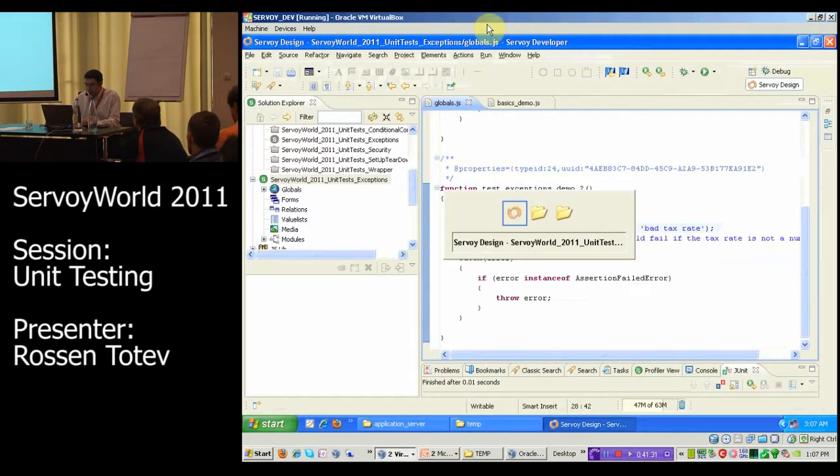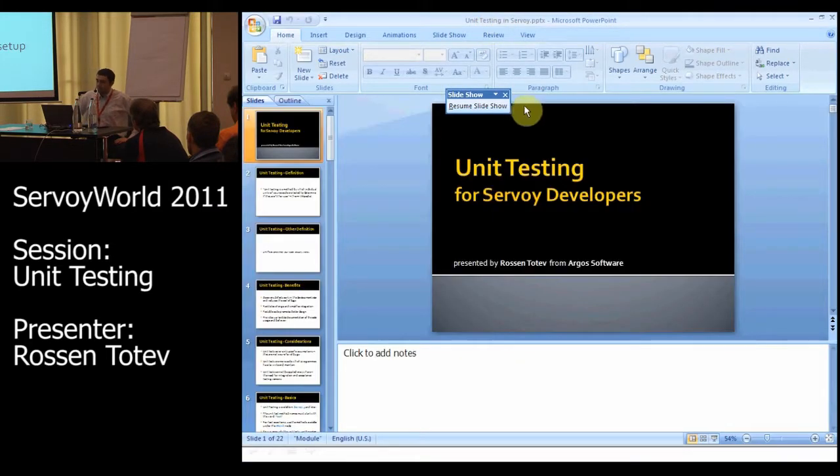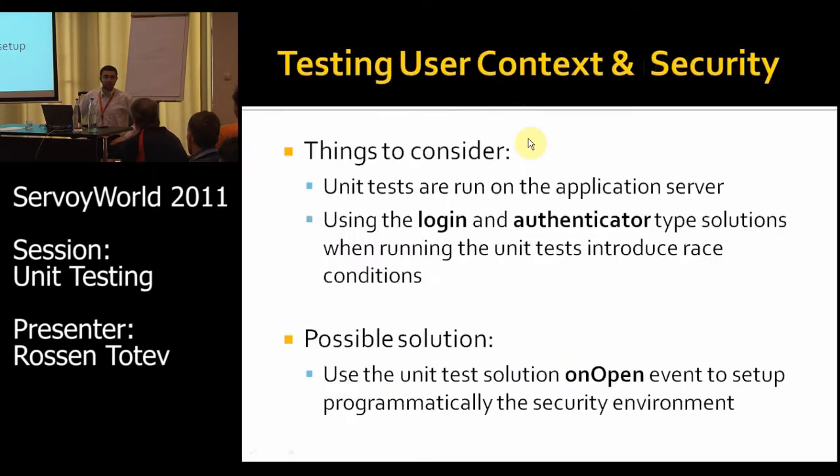Next on the presentation, I'll touch on this briefly because we're running out of time: user context and security. With the introduction of the enhanced security, there are now in Servoy two additional types of solutions, the login and the authenticator solution.